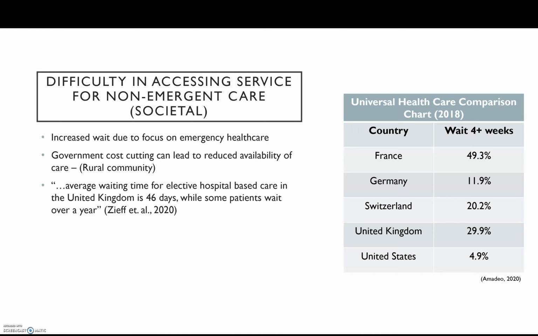Looking at the chart on the right, you can see that comparatively speaking, those 4 European countries have a higher percentage of waiting 4 weeks compared to the U.S. With private insurance companies, you have a 5% chance in the U.S. compared to the lowest of 11.9%, or a 30%, or a 20%, or even a 50% chance of waiting 4+ weeks in a country like France with a universal healthcare model.